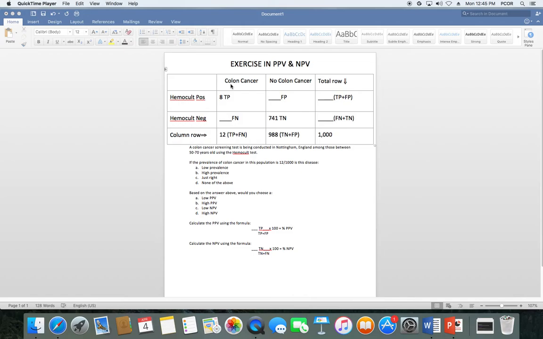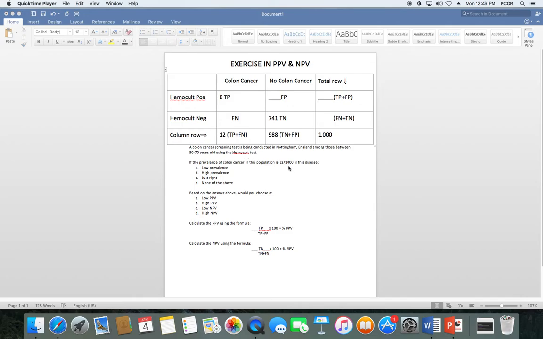I'd like you to complete it. You can tell here the disease, those with colon cancer, those without colon cancer, those that are positive on the instrument, a test called Hemoccult, and here's your exercise. A colon cancer screening test is being conducted in England between 50 to 70-year-olds using the Hemoccult test.